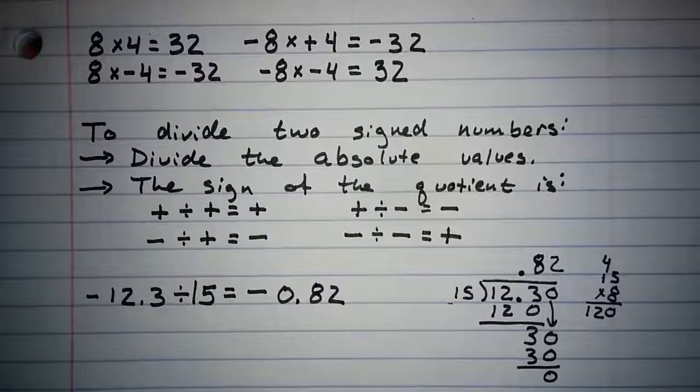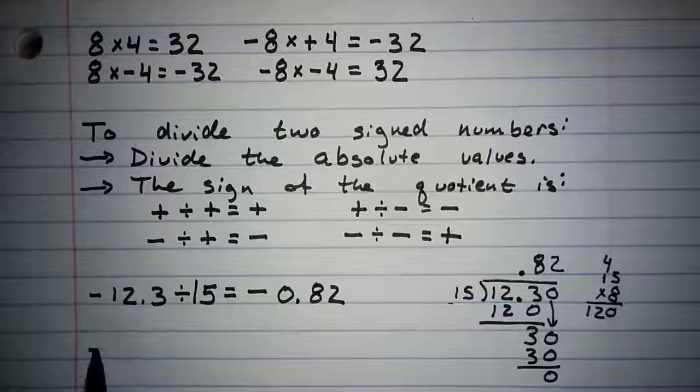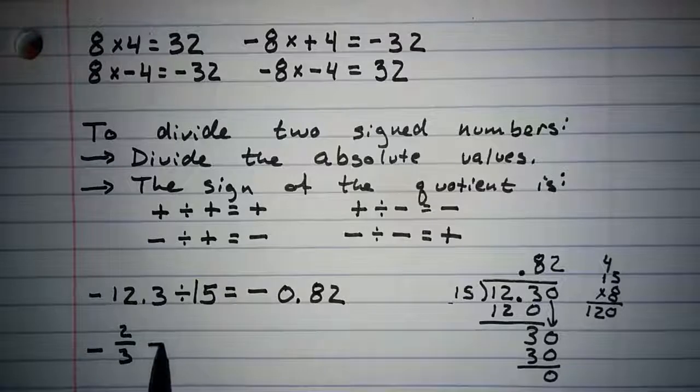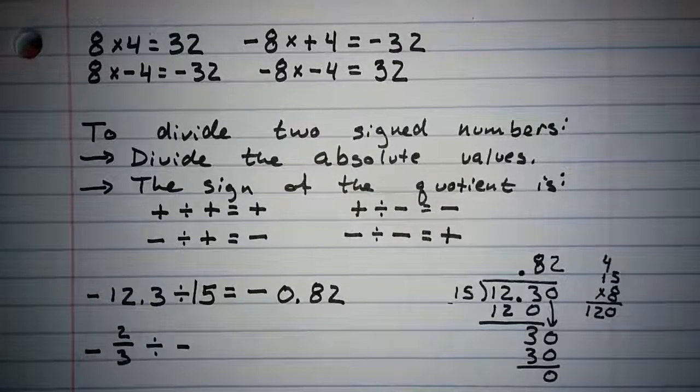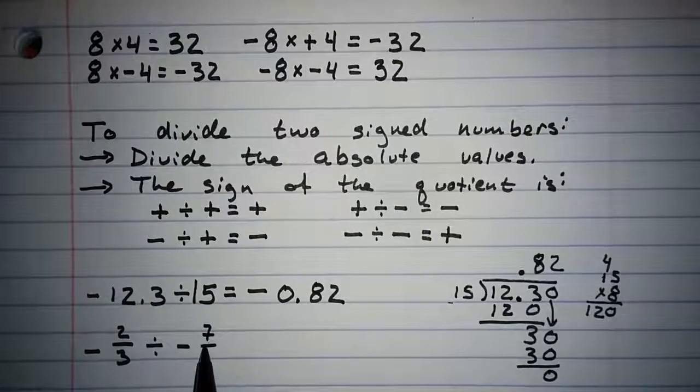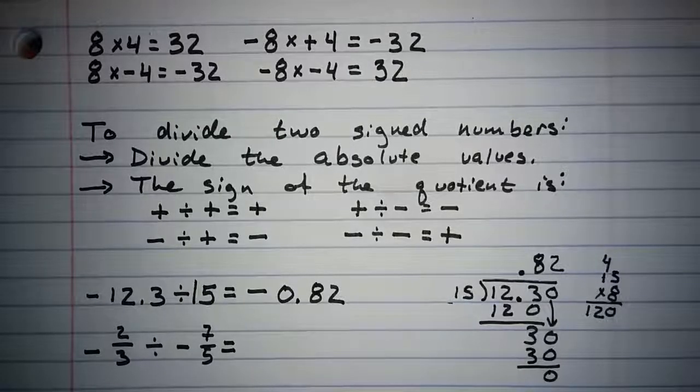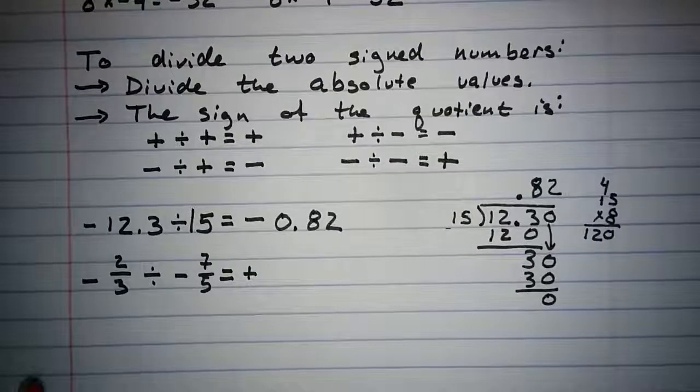Or let's try another example. Let's say we had negative 2/3 divided by negative 7/5. Well, we know our answer is going to be positive because it's a negative divided by a negative. We'll work out 2/3 divided by 7/5 off to the side.